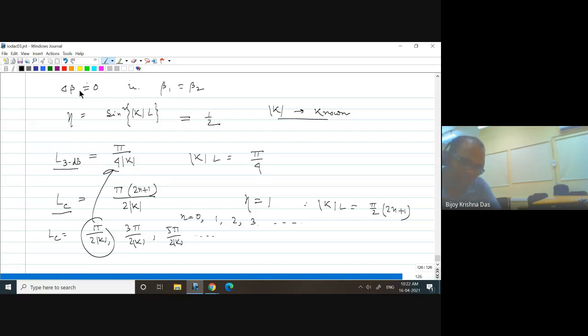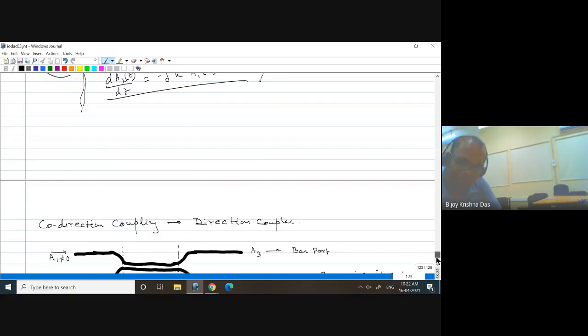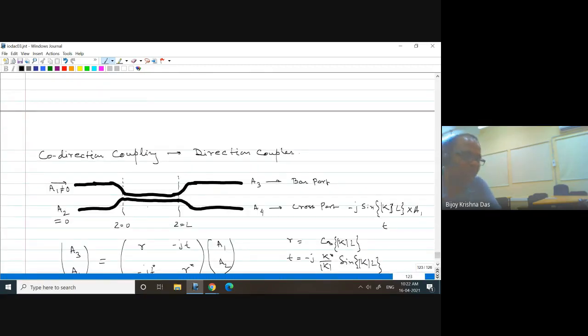Next, we know how to design. Another thing is that I considered how much coupling is possible depending on the length. But what about the gap? If I control the gap, how can you control the coupling strength? That is another design parameter, right?